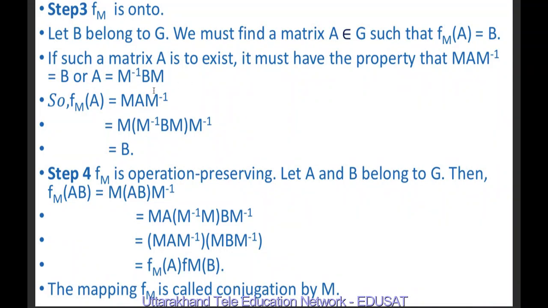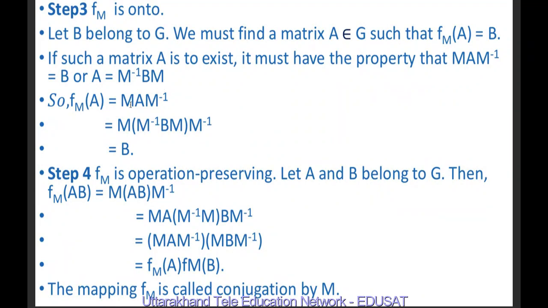This can be easily obtained if we pre-multiply by M inverse and post-multiply by M. If we pre-multiply by M inverse, M inverse M is nothing but the identity matrix. Post-multiplying, M M inverse is also the identity. Any matrix multiplied by the identity matrix is the matrix only. So we get A equal to M inverse BM.